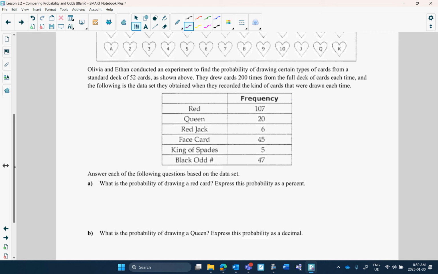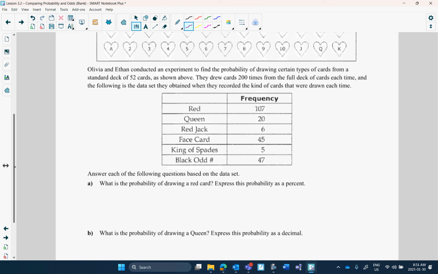Well, theoretical probability tells us they should have gotten 100, but that doesn't necessarily mean they're going to get exactly 100. Queens should have happened 1/13 of the time, 4 over 52 or 1/13. Not quite when they actually did it, and so on.